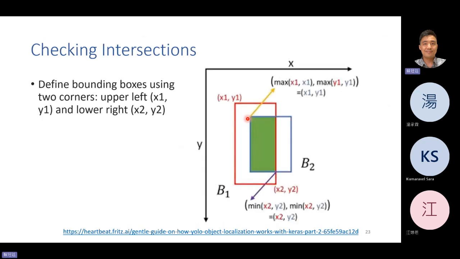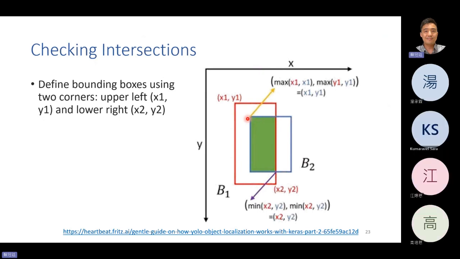So actually we can quickly calculate whether 2 bounding boxes intersect or not. We just check their corner locations. Suppose if they have overlap, then all the max values should be positive, right? Otherwise, they do not overlap.